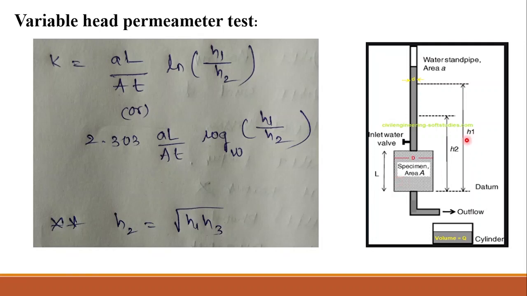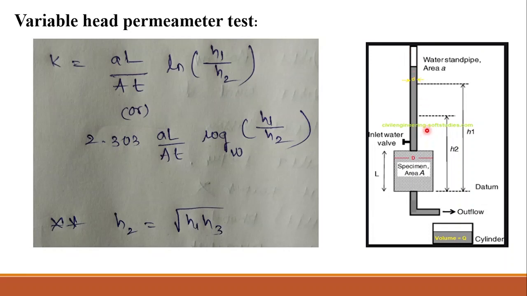Okay, in this test, if you go to the procedure, first you have to pour water into the soil specimen through the small test tube. After assembling the soil specimen in the larger area pipe, for example, you can say this is the larger area pipe and this is the smaller area pipe. The larger area pipe has a cross sectional area capital A, and the smaller area stand pipe has a cross sectional area small a.